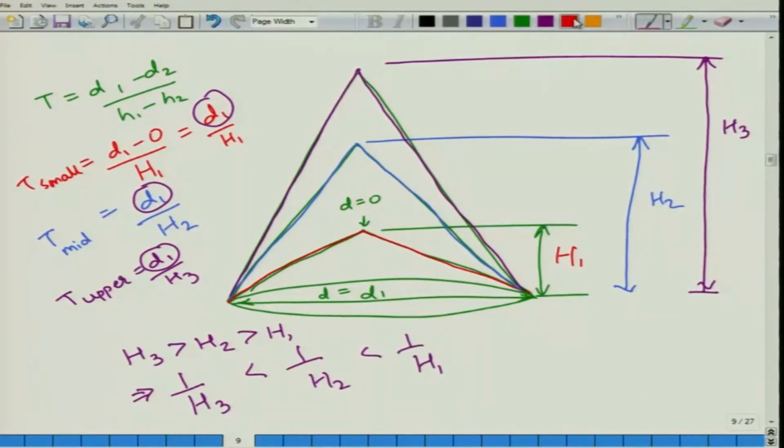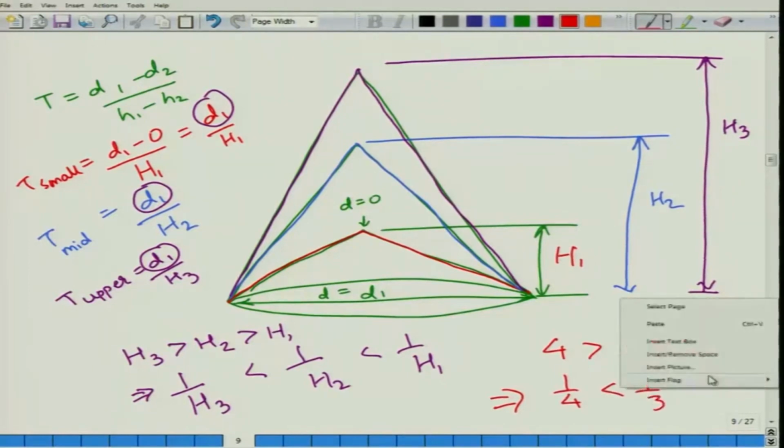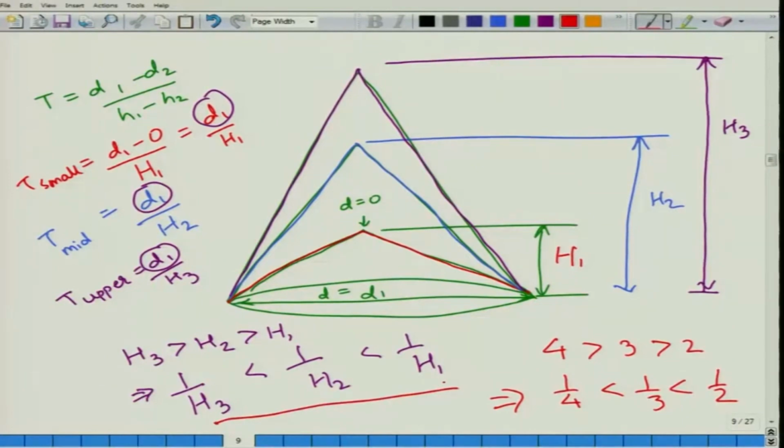So, to look at it intuitively, for instance, if we have 4 is greater than 3 is greater than 2, we can say that 1 by 4 is less than 1 by 3 is less than 1 by 2. So, similarly, in this case we have 1 by h3 is less than 1 by h2 is less than 1 by h1.